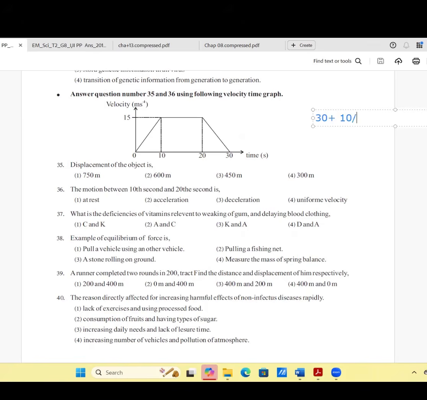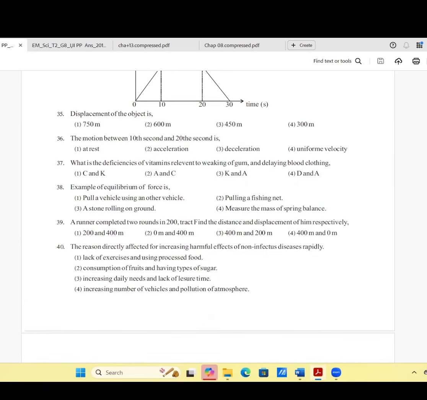You divide both by 2 and multiply it with the height. Height is 15. After simplifying, the answer is 300 meters. Therefore, answer number 4. The motion between the 10th second and 20th second in this velocity time graph is uniform velocity because the velocity has not changed in that time duration.